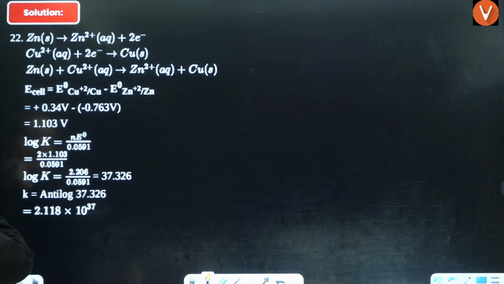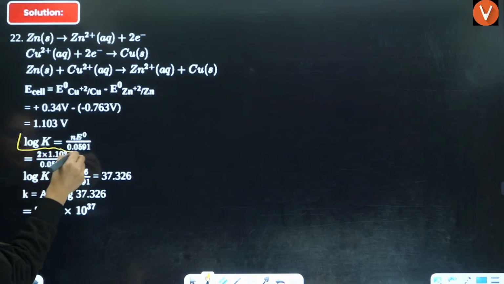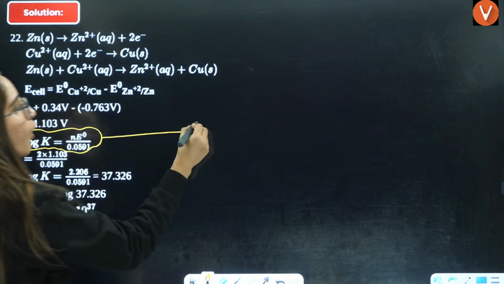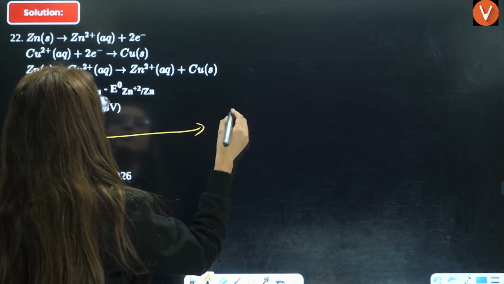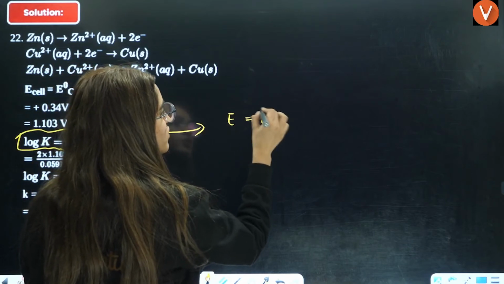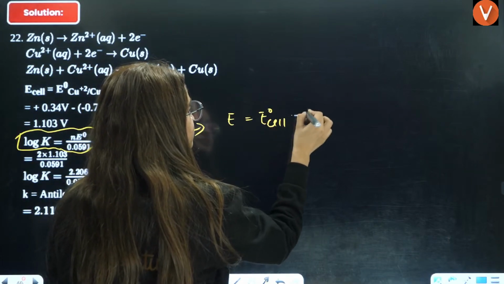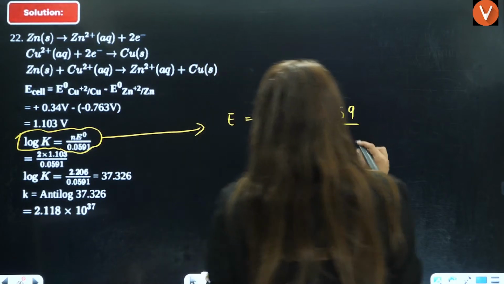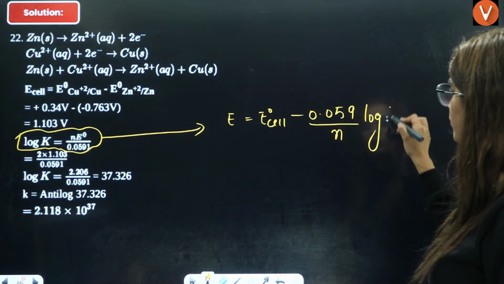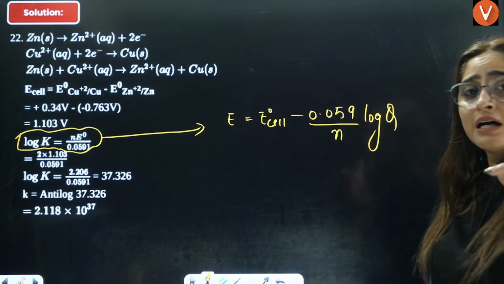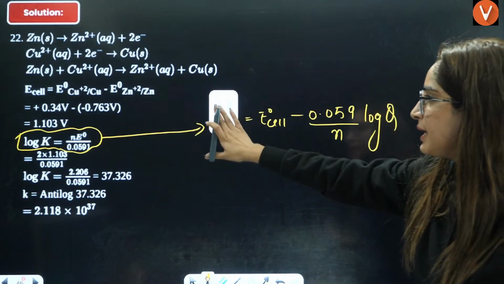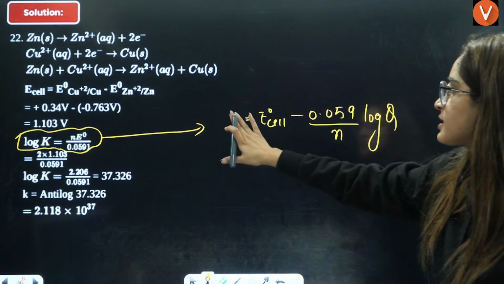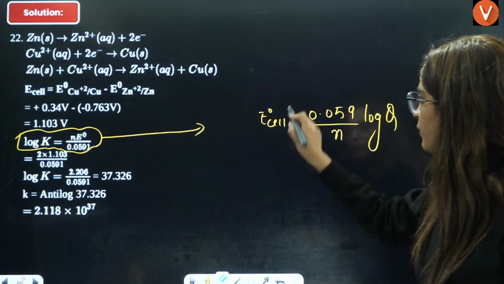So basically the relation, I'll just tell you the relation here, right? So how did you get this relation? We got this relation from the Nernst equation, that is E equals E0 cell minus 0.059 divided by n, log of Q. If you put at equilibrium E equals 0, they will become equal to each other.